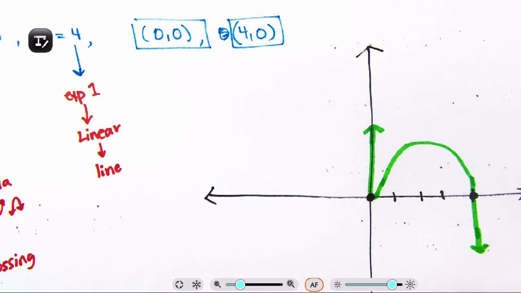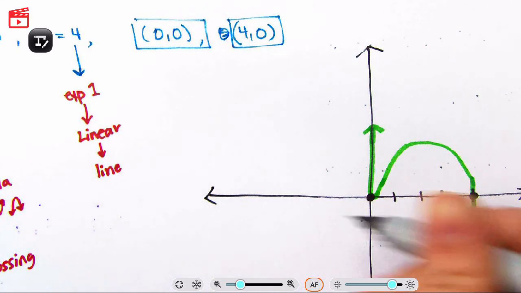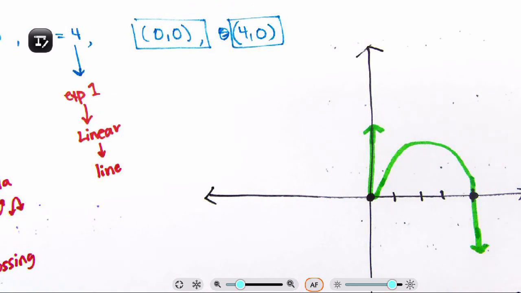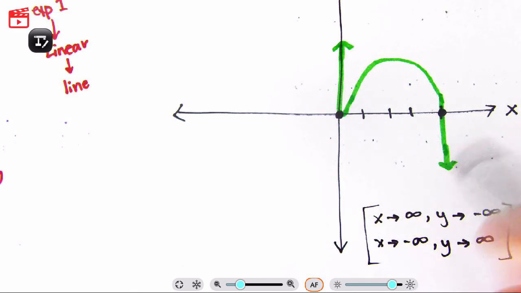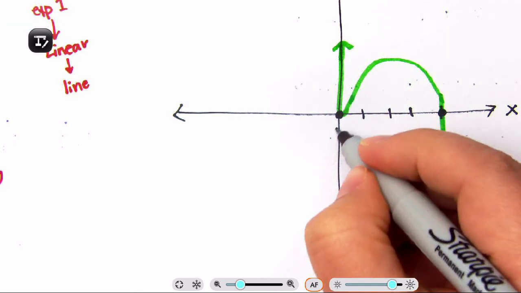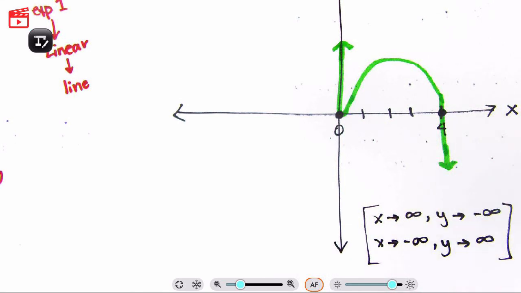So my end behavior: as x gets bigger, my y gets smaller, goes to negative infinity. And as x gets infinitely smaller, my y gets infinitely bigger. So that's my end behavior for this graph. And that's it. You're done. You've graphed it. Here's your 0, here's your 4, and that's it.